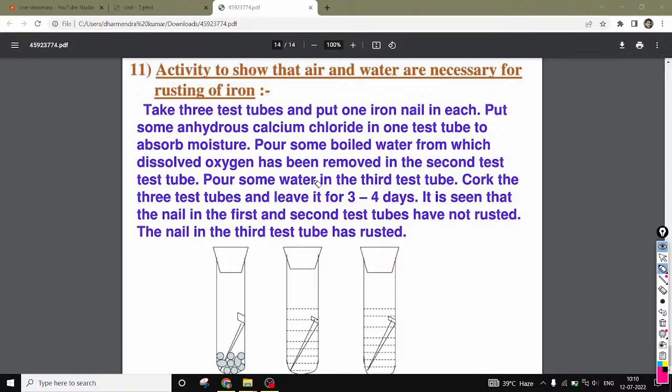And if you put it in boiled water or anhydrous calcium chloride, definitely that metal can't be rusted, right? Because all the moisture is absorbed by the calcium chloride, and similarly in boiled water, the dissolved oxygen is removed from the hot water or boiled water, right?